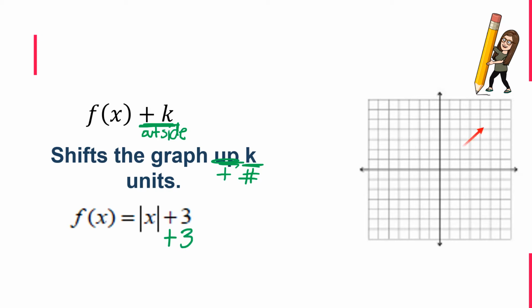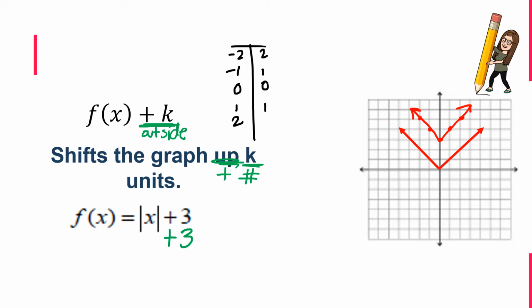Now, if this is my parent function and that's my only shift, and if all I ask you for is the graph, you're going to shift every point on that graph up 3. That's it. Okay? But where we need to extend our thinking and what we're going to work on is our parent table. So go back to the previous slide if you need to, but remember that parent table that we calculated for the absolute value function.